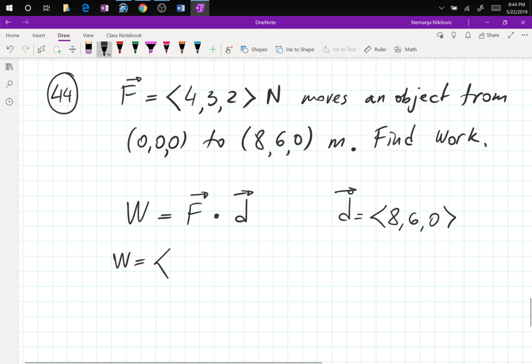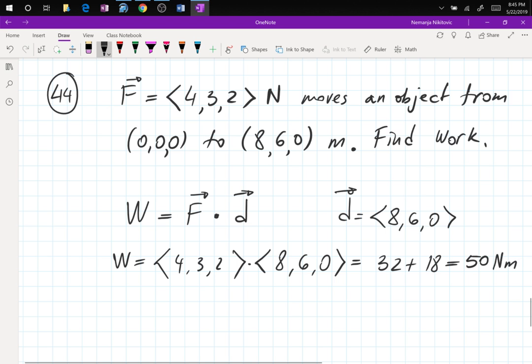Work is the force, 4, 3, 2, dotted with the distance 8, 6, 0: 8 times 4, very good, plus 6 times 3, so total is 50 newton meters of work. That's it. Bye.